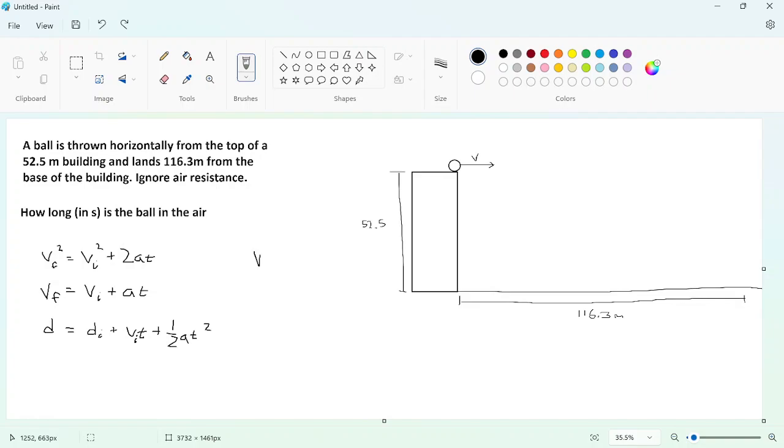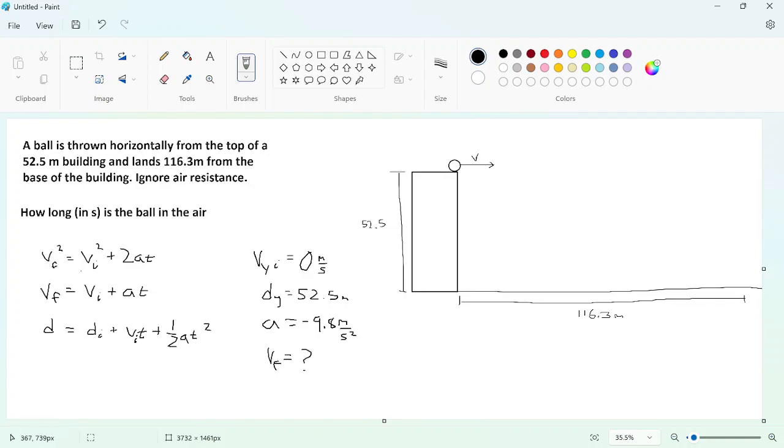So its initial velocity in the y direction is going to be 0. The height above the ground is 52.5 meters. The acceleration affecting the ball is negative 9.8 meters per second squared. Its final velocity is unknown.